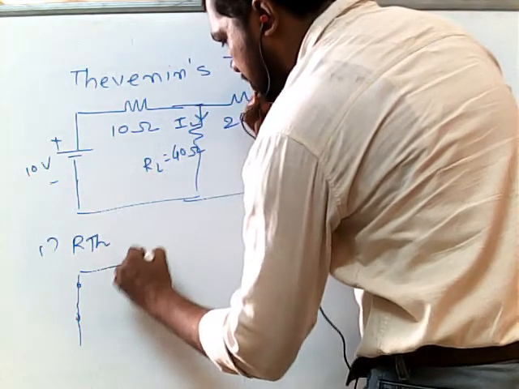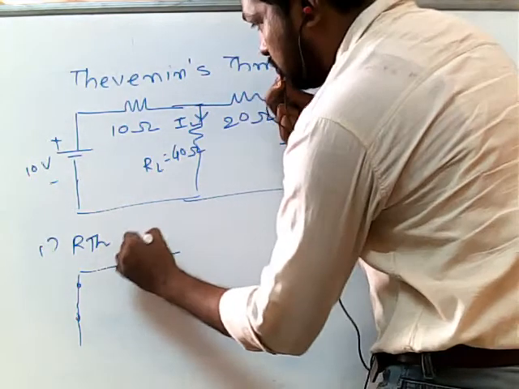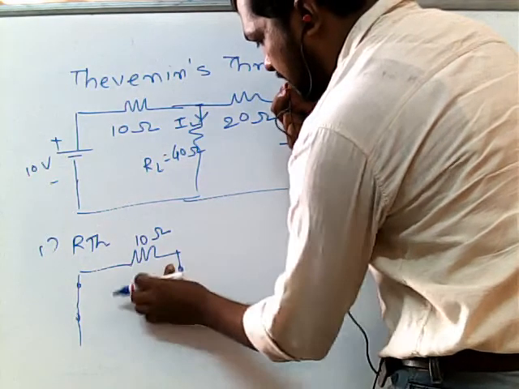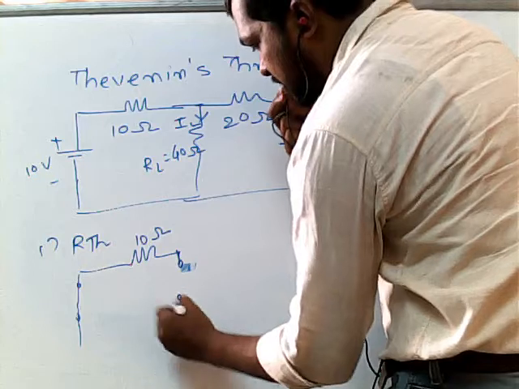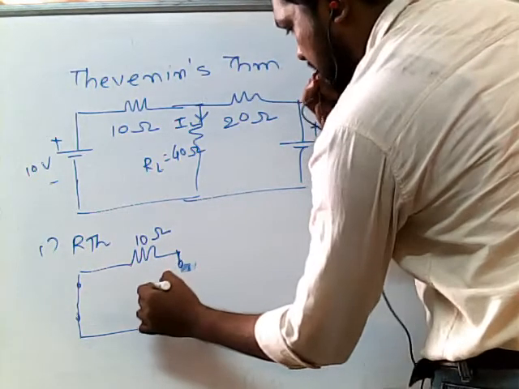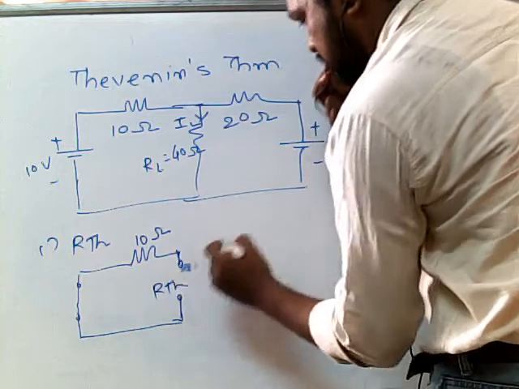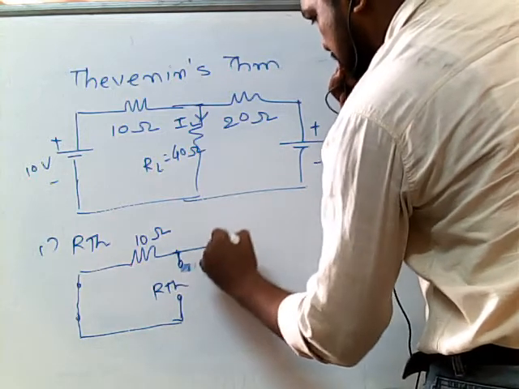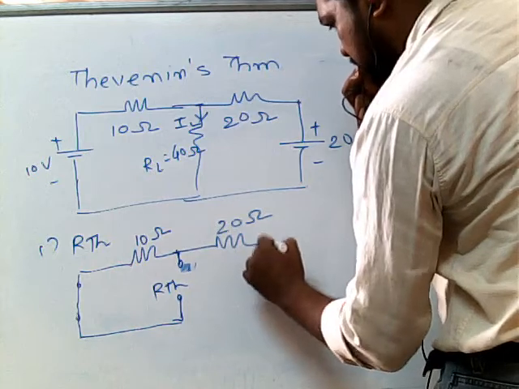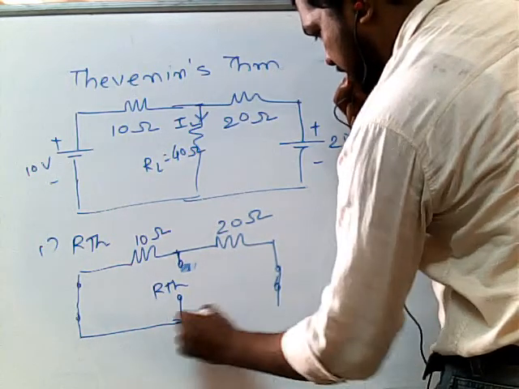Then this is my resistance of 10 ohm. I have replaced the RL, and this is nothing but the RTH. Whatever resistance we have, this is the 20 ohm resistance, and this is again short circuited.